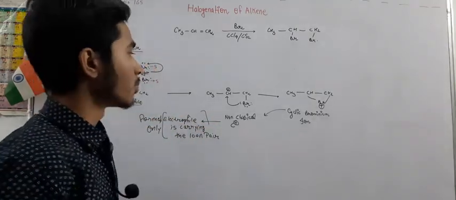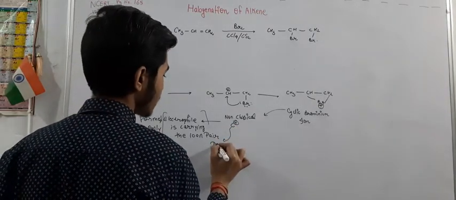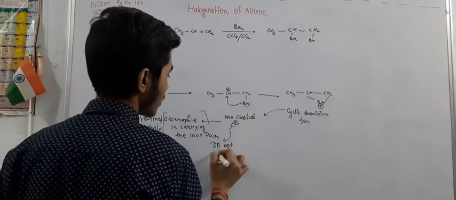So it is a cyclic bromonium ion and a non-classical carbocation. It does not rearrange.